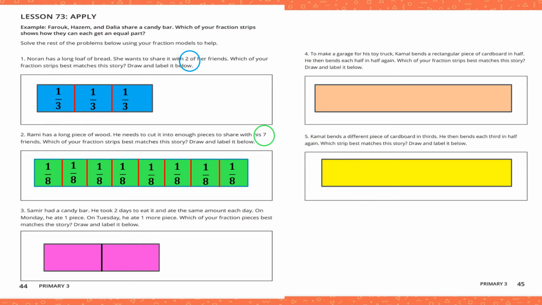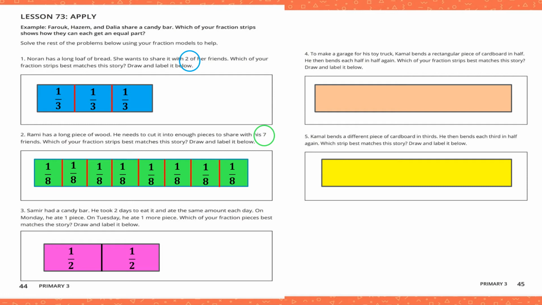Which of your fraction pieces best match? We divided it into 2 pieces. Each day he will eat 1 out of 2, because there are 2 parts and he will eat only 1 part. So 1/2.